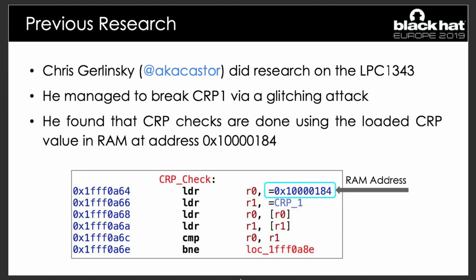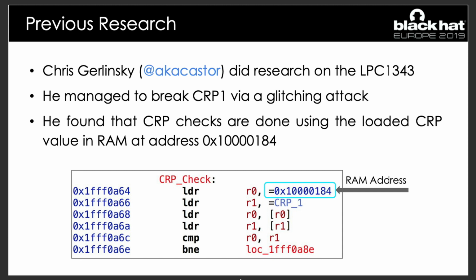Glitching attacks sometimes can be complicated, and sometimes you are forced to use some expensive equipment and stuff like that. So in the upcoming slides, we will show how we broke the same level of protection with just a software-based attack, without any use of hardware attacks.